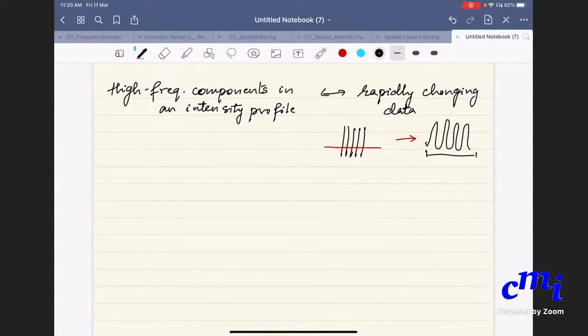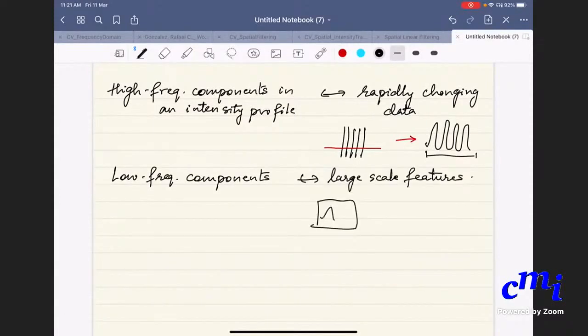On the other hand, low frequency components correspond to large scale features. Say there are some mountains here, and there is not much change in the color. Or even better, you have just one snow-capped peak. If the scan line goes along here, then you can imagine the intensity profile will probably be just something of this shape.